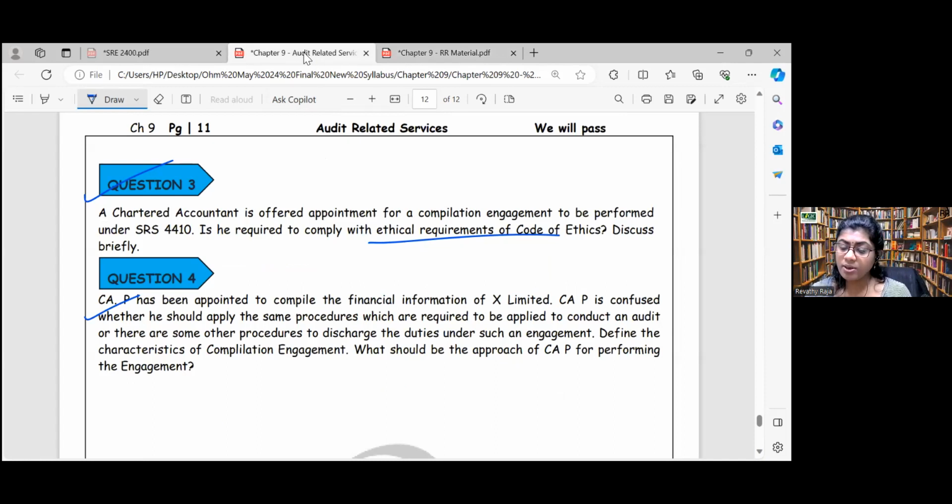A CA has been appointed to compile the financial information. The CA is confused whether he should apply the same procedures which are required to conduct the audit, or whether there is some other procedure. What should be the approach? Tell me which standard, which topic you will write here.